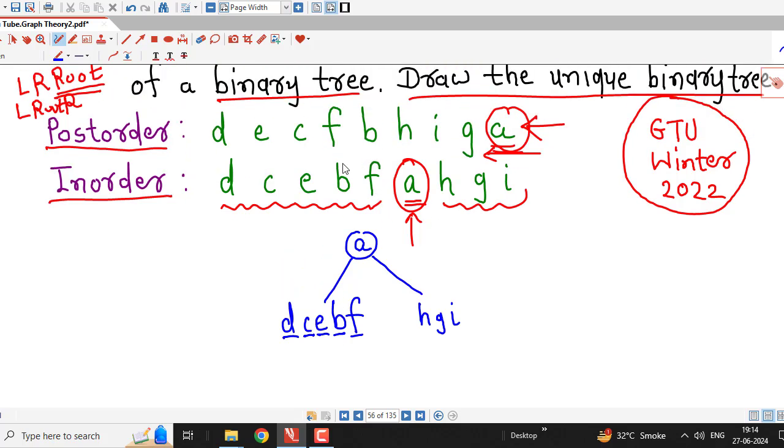So first I will find these vertices D, C, E, B and F. In post-order first I will search for the positions of these vertices, and then I traverse from right to left and I find that B appears first.